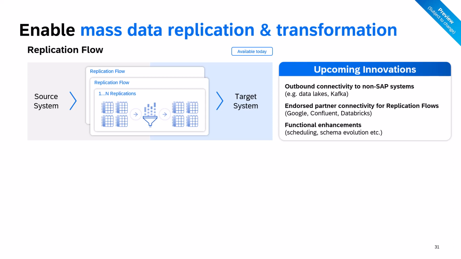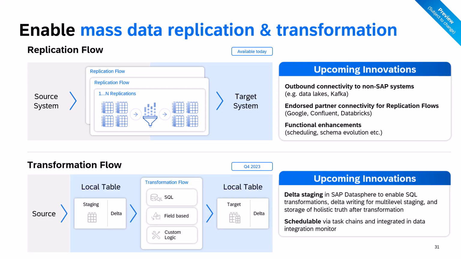In addition to these replication flows, we also plan for Q4 the introduction of transformation flows. With that, we're enabling more transformation capabilities within the underlying HANA database, where you would have transformation capabilities based on SQL, field-based transformations, or even custom logic, right? And what you see indicated here are also delta capabilities, right?